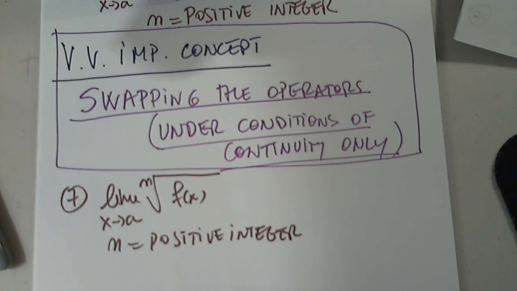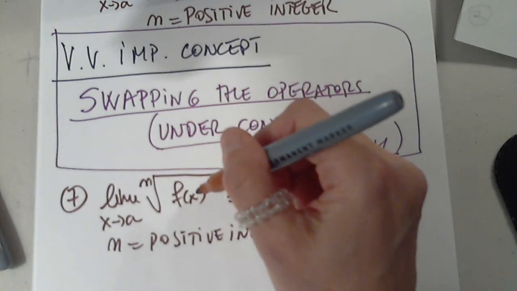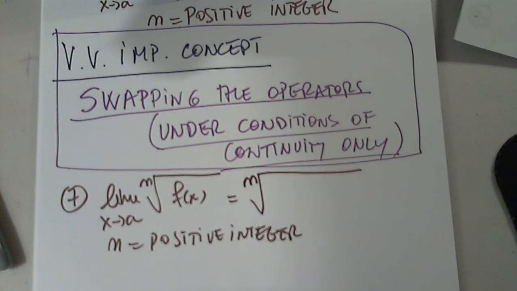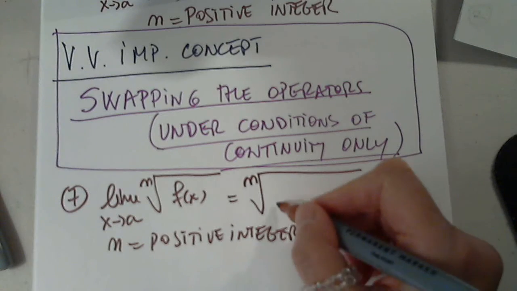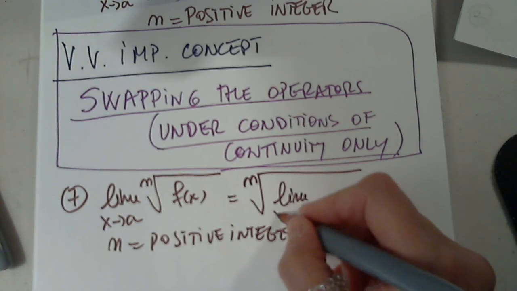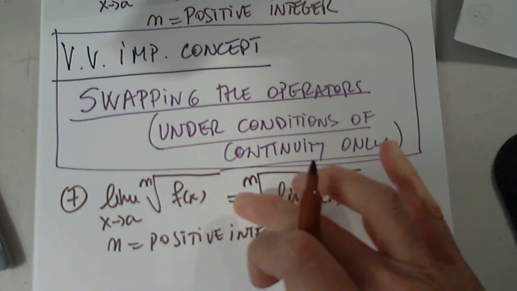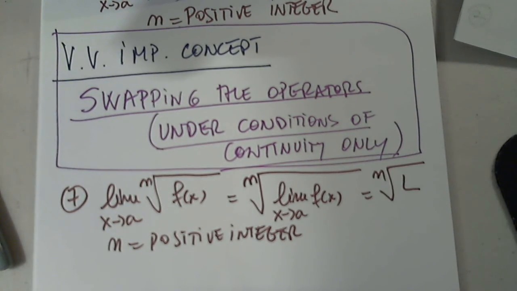The same thing I do here. I swap the operators again. The operator that was touching the function becomes the outer operator, and the outer operator will touch the function, becoming the inner operator. Because this is L, this will be the nth root of L. Any questions so far?